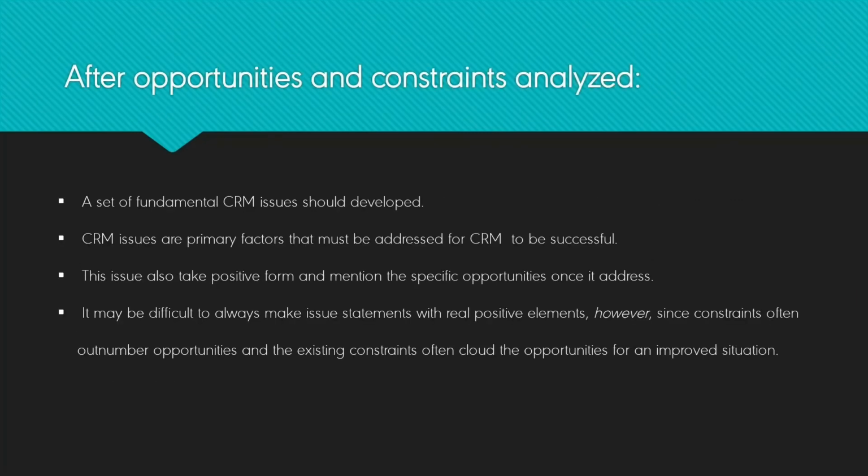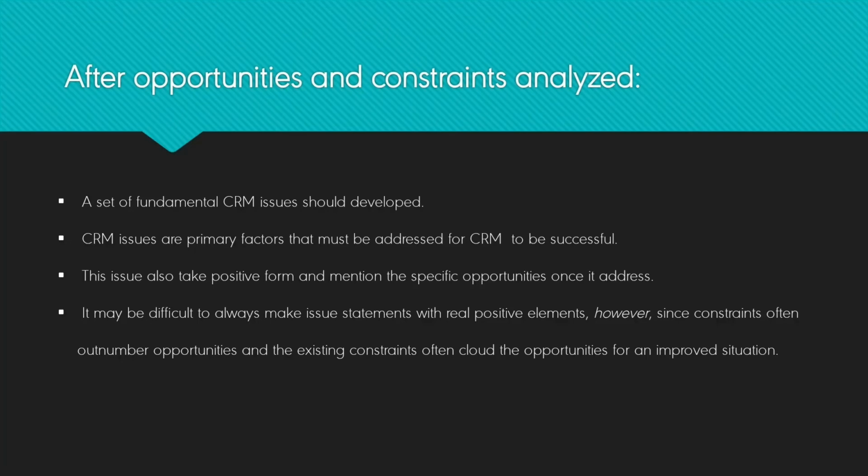After opportunities and constraints are analyzed, a set of fundamental CRM issues should develop. CRM issues are primary factors that must be addressed for CRM to be successful. The issue also takes a positive form and mentions the specific opportunities once it is addressed.